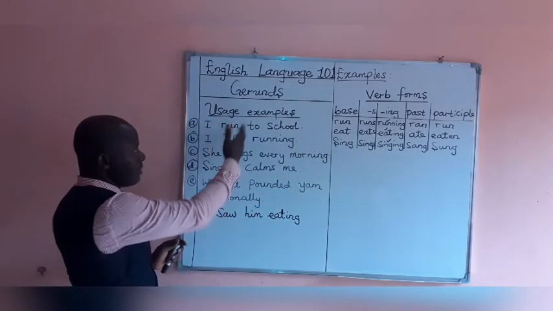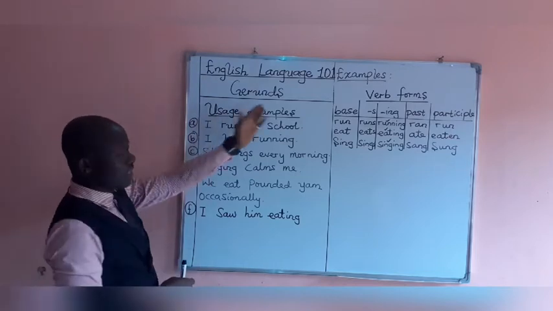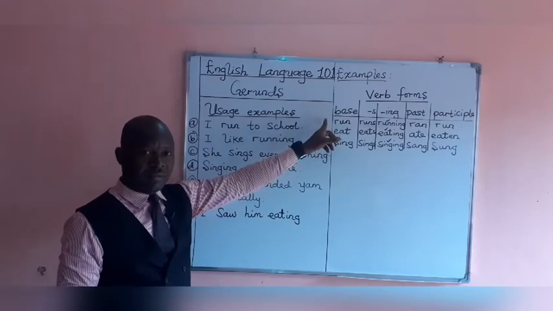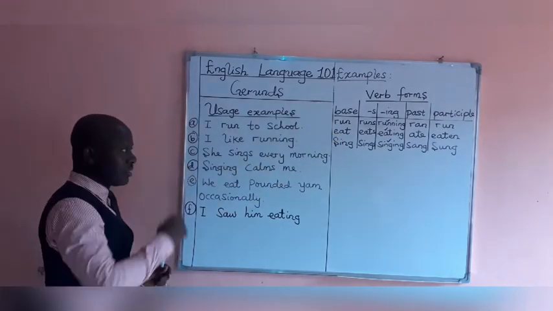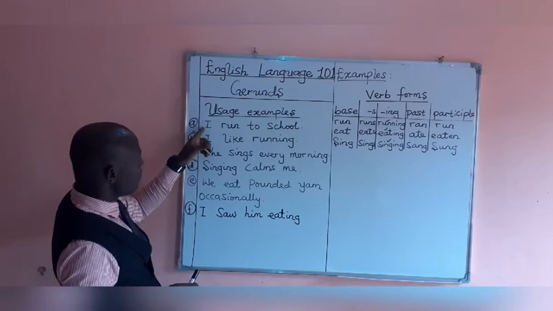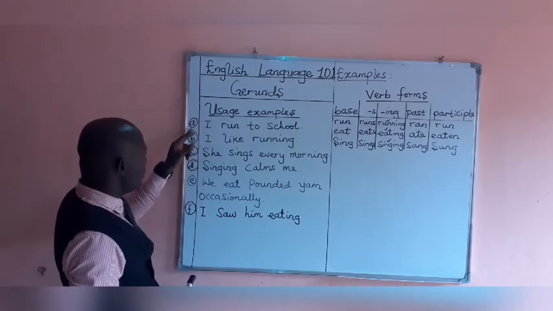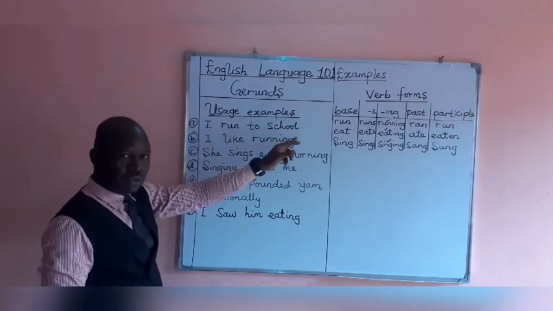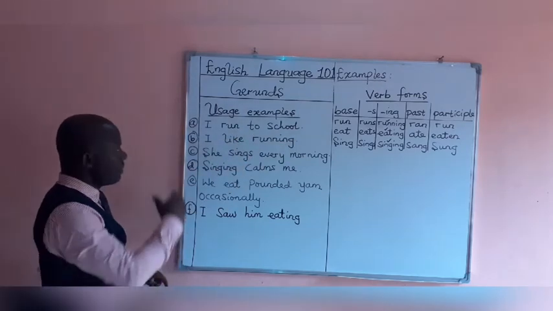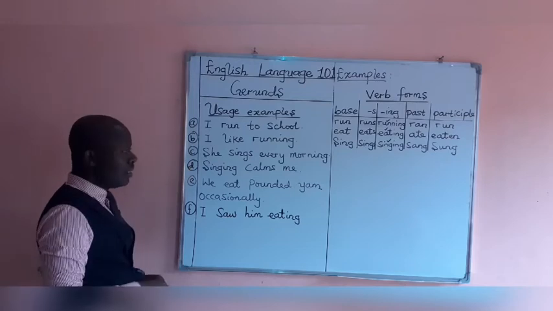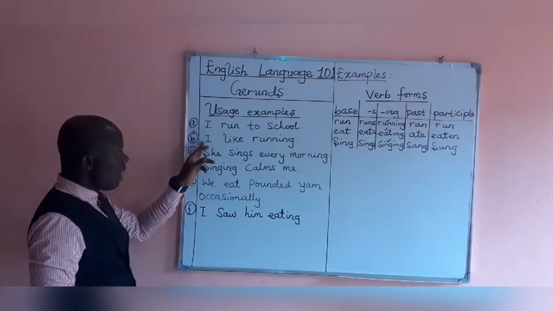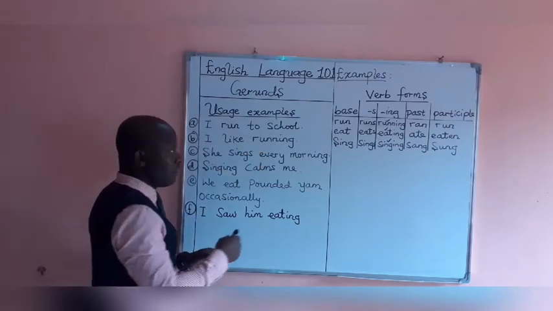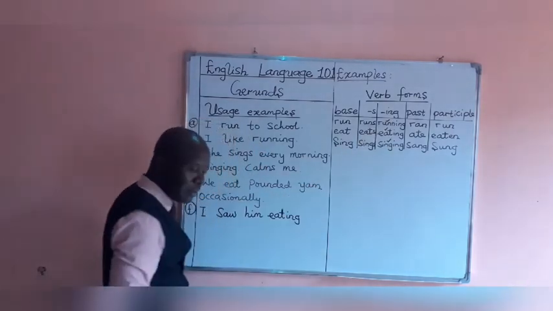So we have the sentences here, usage examples. We're going to pick run first because it's the first item on our list. So you have the first sentence there. It says, I run to school. Behind it, B is I like running, which is the gerund form.